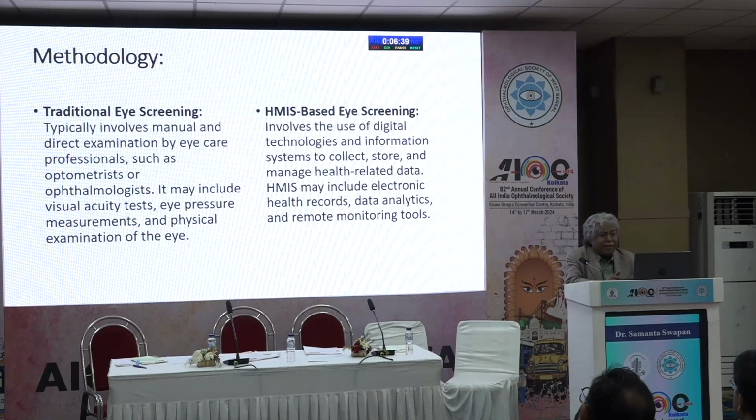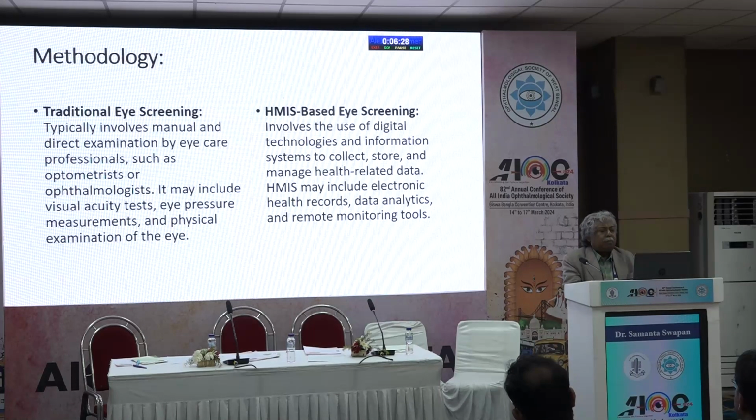The traditional eye screening method, and what we would like to do through smart technology. In the traditional method, we usually made manual door-to-door visits with manual documentation, direct examination of the eyes, as well as visual acuity test, eye pressure, and physical examination.